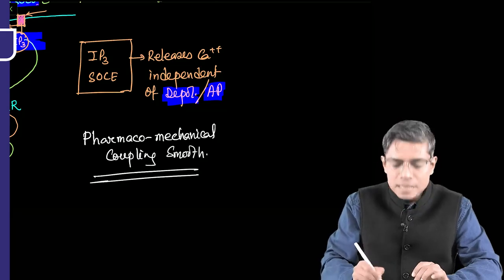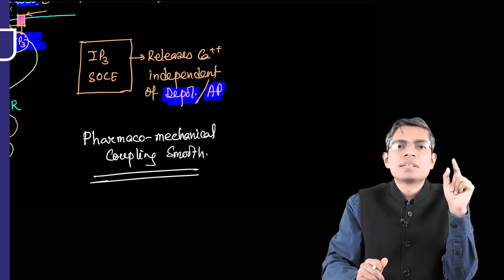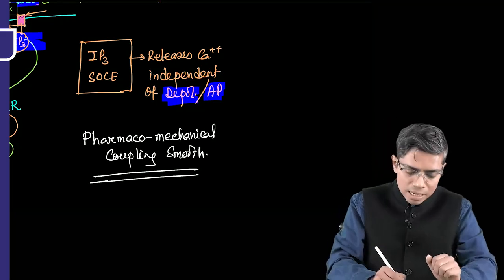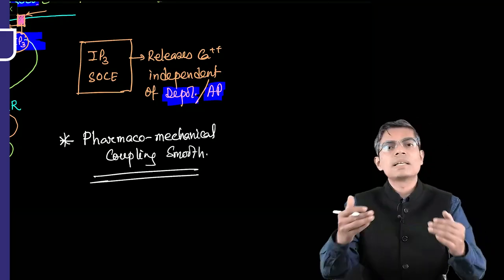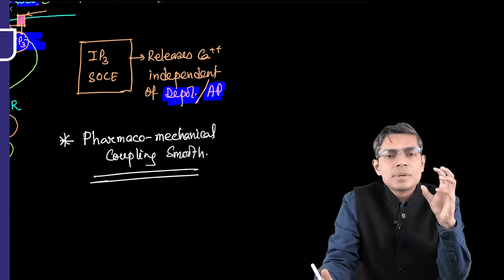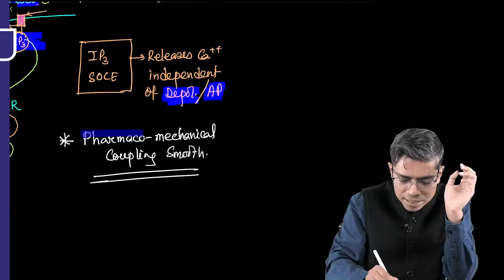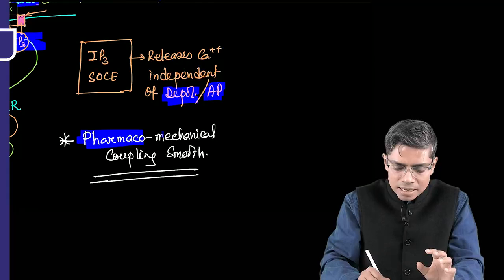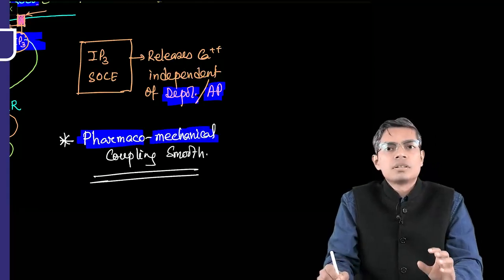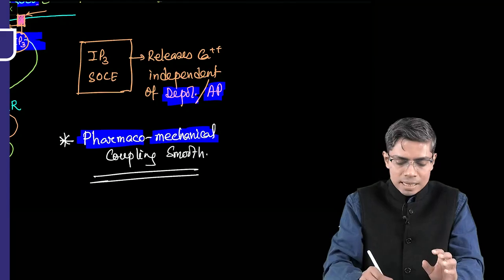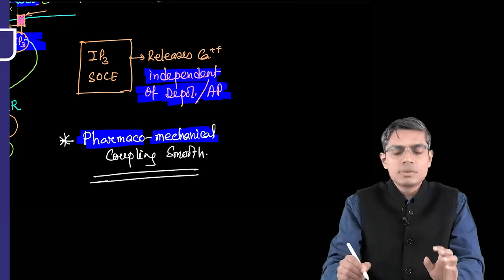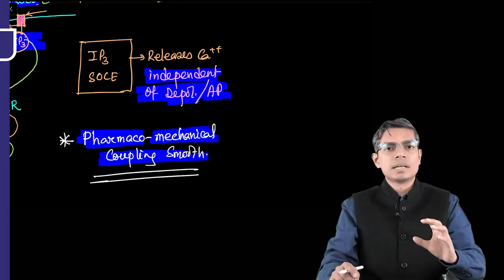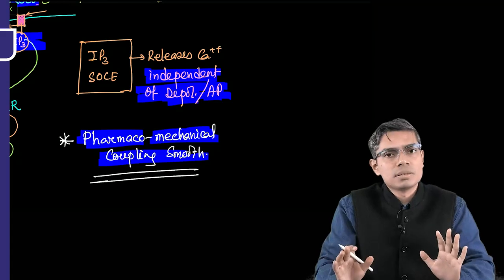We have seen electromechanical coupling in skeletal muscle, electrochemical coupling in cardiac muscle, and now we are showing pharmacomechanical coupling in smooth muscle. In the presence of certain pharmacological agents, like drugs or acetylcholine or hormone, there is mechanical contraction of the smooth muscle without any depolarization, without any action potential. This is known as pharmacomechanical coupling of smooth muscle, right?